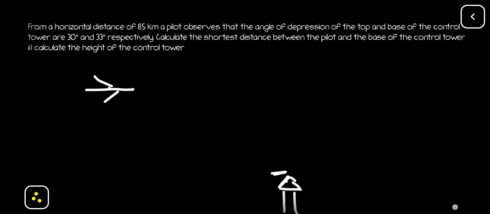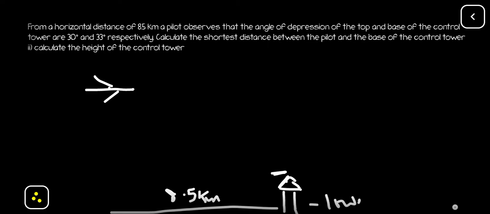So it's 8.5 kilometers apart because it says the horizontal distance a pilot observes, yeah, the angle of depression. So he was about 8.5 kilometers away when he observed the top and bottom of the tower. All right, so this is the tower, right, and this is where the pilot is. So just take note of that.